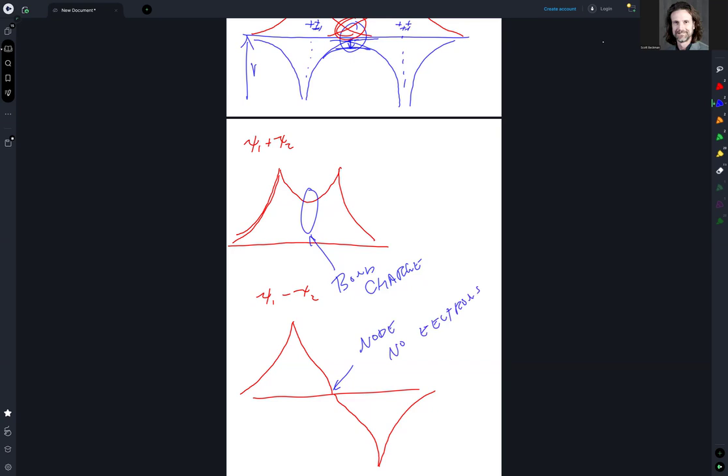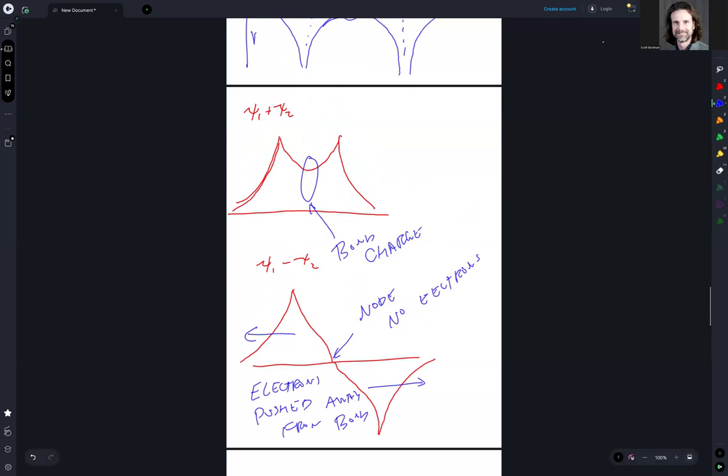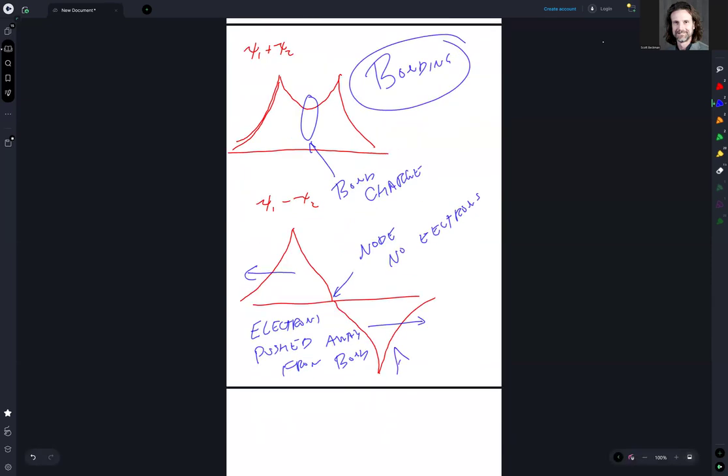And since the electrons have to add up to one, essentially the electrons are being pushed away from the bond charge. So this we would refer to as a bonding configuration, and this anti-bonding.